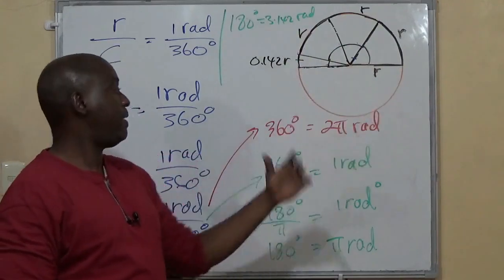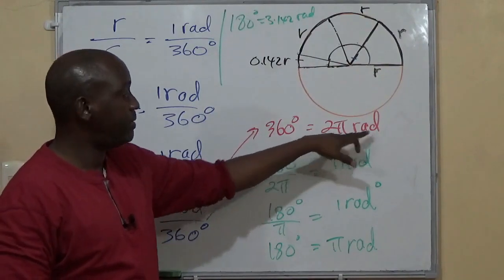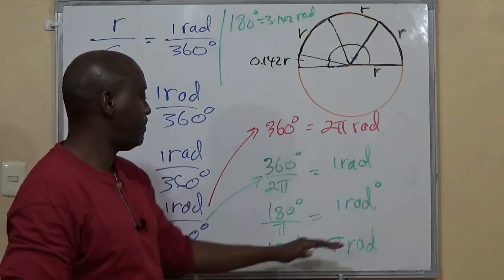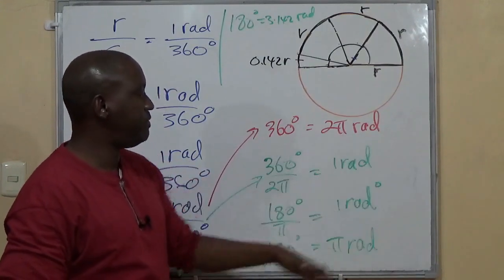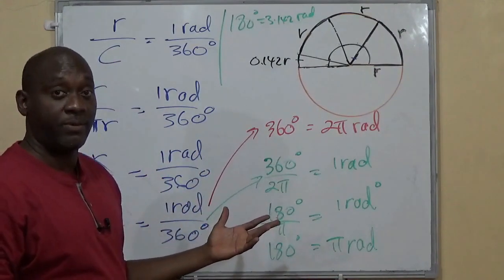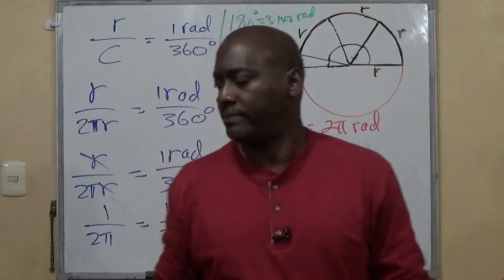That's 2 pi. Look at right here. 360 degrees is equal to 2 pi radians. 180 degrees is equal to pi radians. Both of these, two sides of the same coin. We're basically saying the same thing in slightly different words.